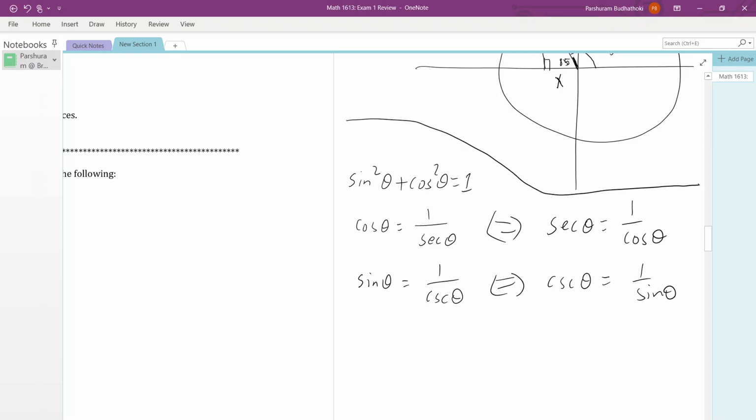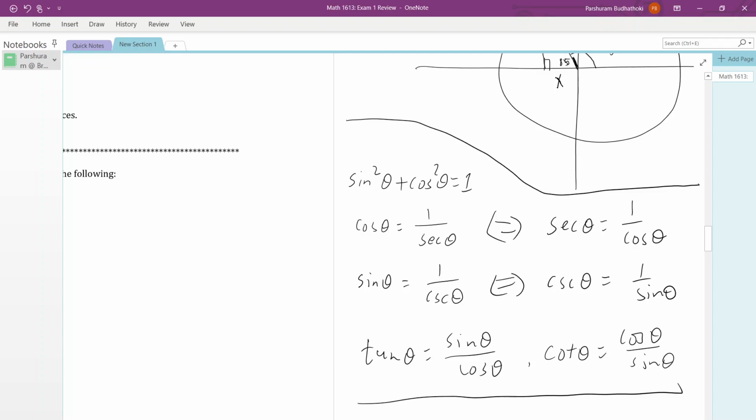We need this relation: tangent of theta is equal to sine theta over cosine theta, and cotangent of theta is equal to cosine theta over sine theta. These are the relations between the trig functions you have to know.